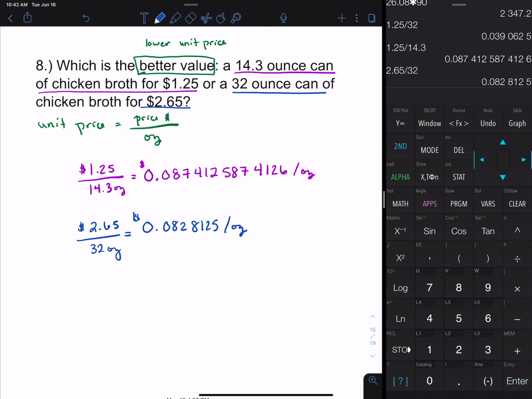So that's also a little over 8 cents per ounce. Now, if I want which one has the lower price, I have to compare these numbers, right? The zeros are the same, the eighths are the same, but in that thousandths place where there's a difference, this 2 is lower than the 7. So that's telling us that this is the lower price, so it's the better value. So we would say the 32 ounce can is the better value.